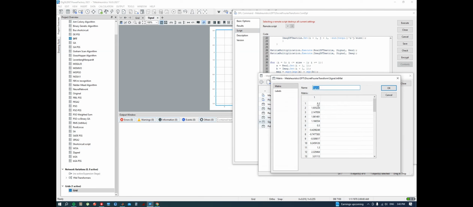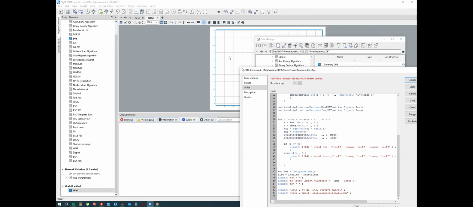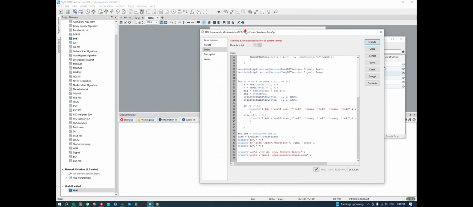I already introduced the values, but I'm going to paste them once again. Now, once we have the signal introduced, we will execute the script. We will obtain an identical plot and also identical results. So execute.